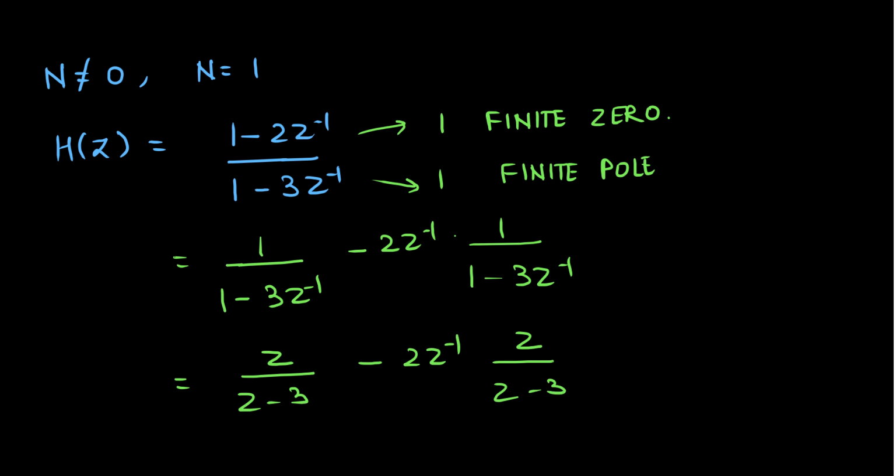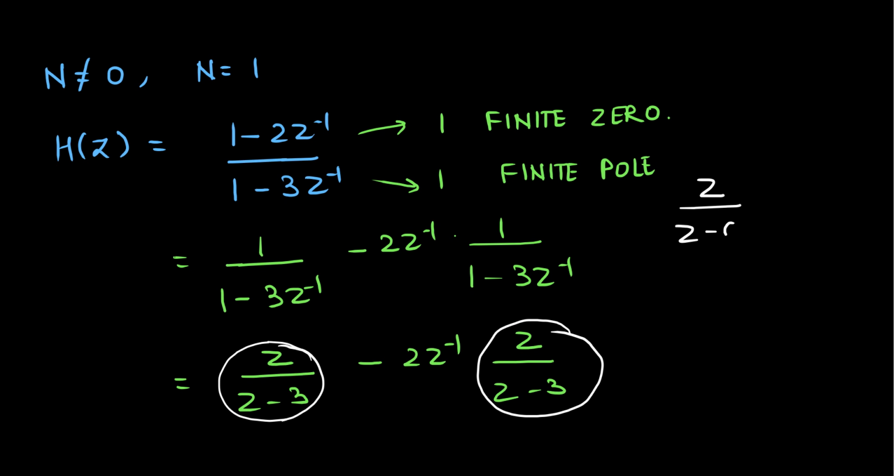Now if we observe this factor, that is z upon z minus 3, it is in the standard form, that is z upon z minus a. And if we consider a causal case, its inverse is a known standard form which is given as a to the power n into u of n.